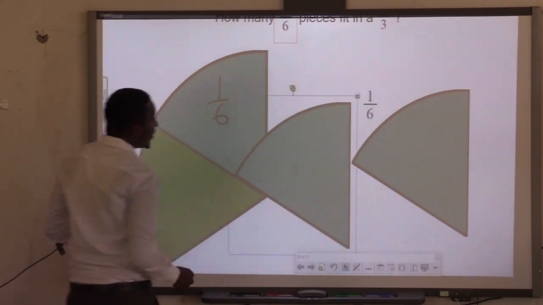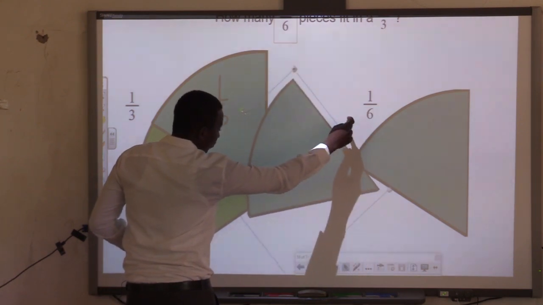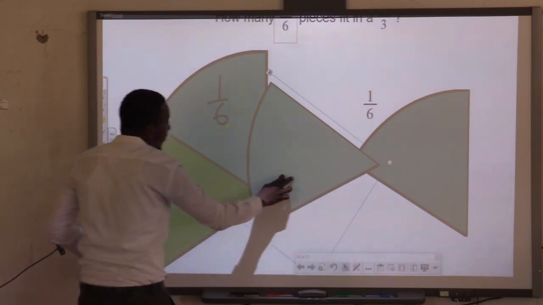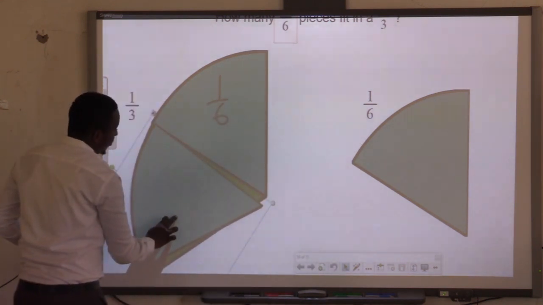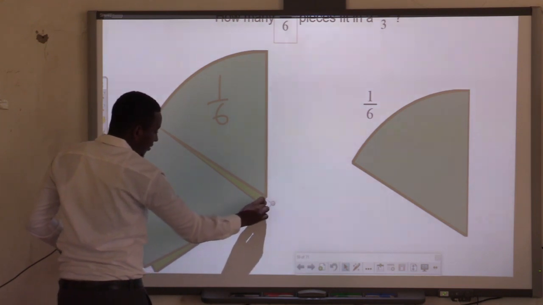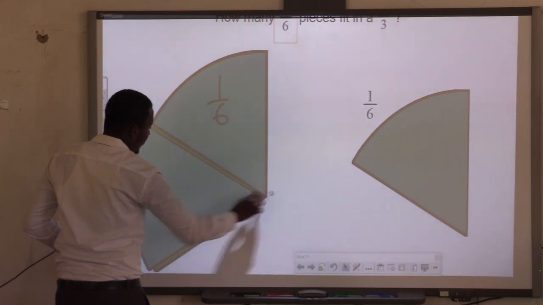We'll need to rotate the 1/6 piece a little bit. All right, I think that will do. So we rotate it just a little bit. Yes, that will do.